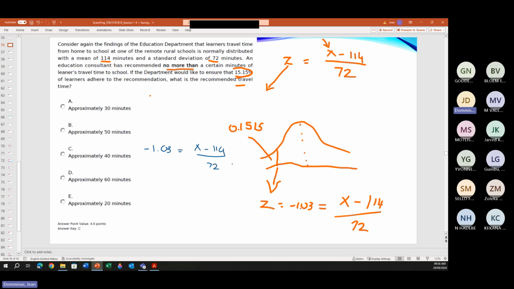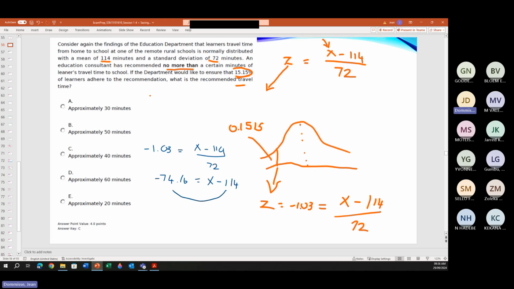So first thing, get rid of the 72, so minus 1.03 times 72 is equal to minus 74.16. That is equal to X minus 114.